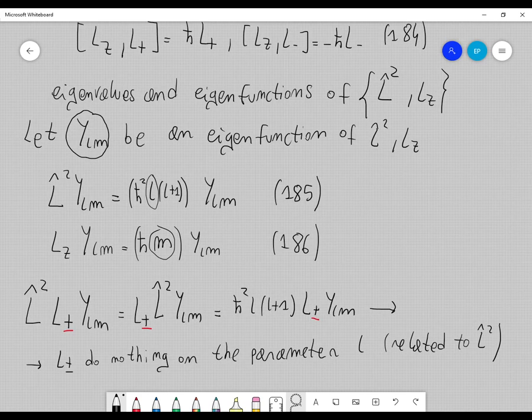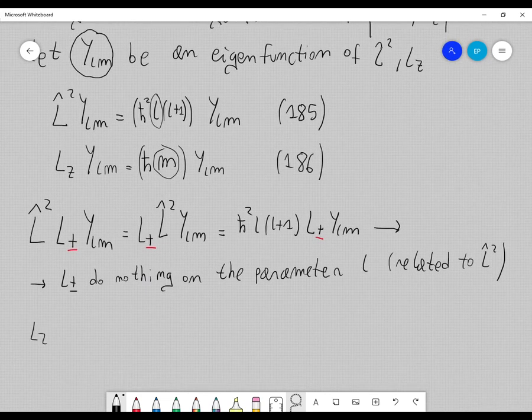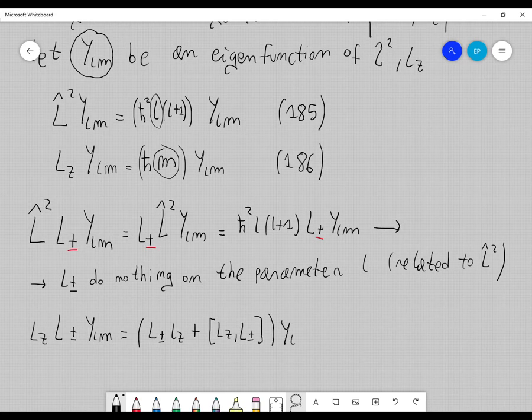Now, let's compute another quantity, Lz L plus or minus YLM, and we know the commutation relation between Lz and L plus minus. You can go back and check equation 184. So we can rewrite this as L plus or minus Lz, plus the commutator between Lz and L plus minus, acting on YLM.